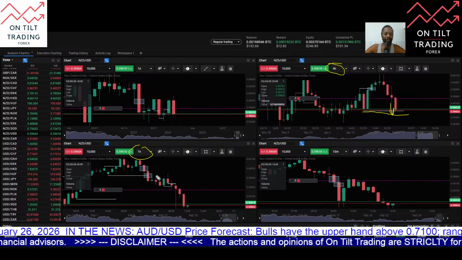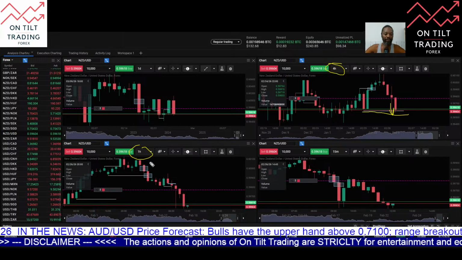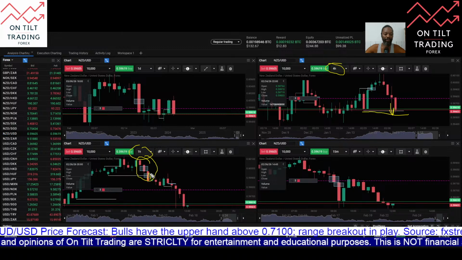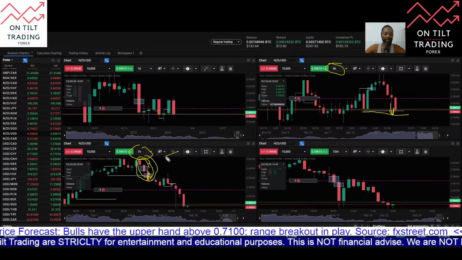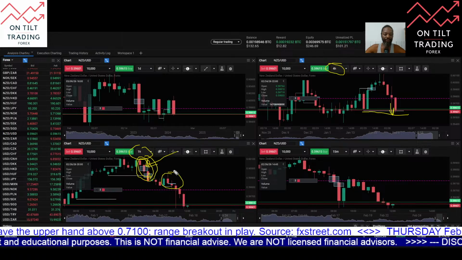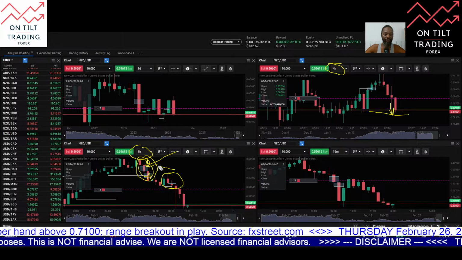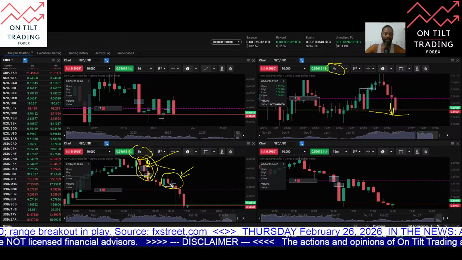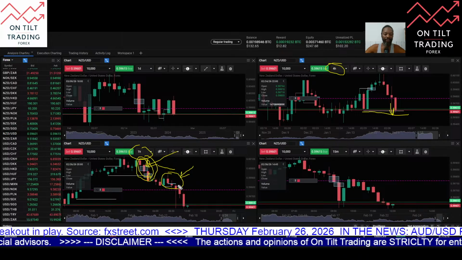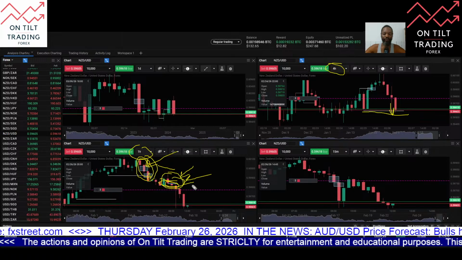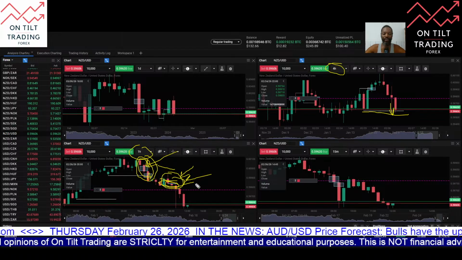On the 1-hour chart, you can see this price action with a body candle close below this swing and bearish fair value gaps forming. And then you see the same thing here in this area. This was during London, and then this is during the New York AM session, where you're getting a body candle close here and a bearish fair value gap. So trending conditions here on the 1-hour chart.